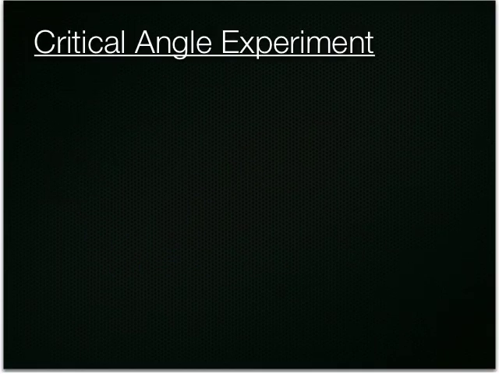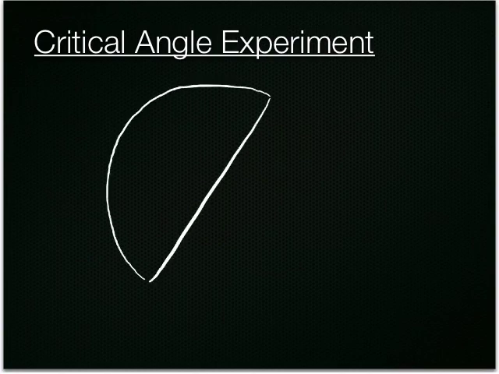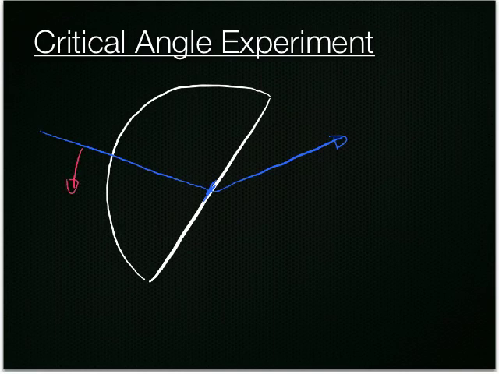We're going to do an experiment later that will investigate the critical angle. So if we shine a laser into this boundary here, it will refract away from the normal up this way. If we keep increasing the angle, so let's say we get to here and shine it in, then it would bend even more that way.